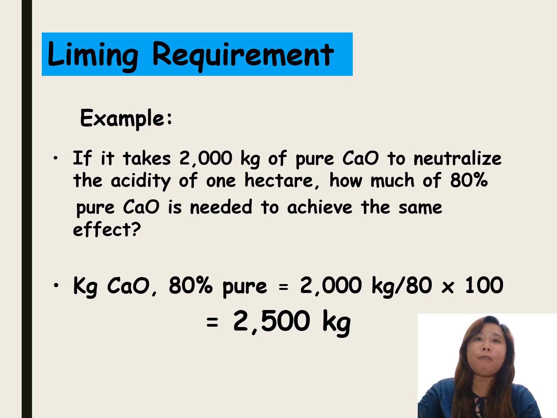To calculate for that, it is only ratio and proportion. You just have to divide 2,000 kilograms by 80 times 100. So you will have 2,500 kilograms of 80% pure calcium oxide to neutralize the acidity of 1 hectare field.